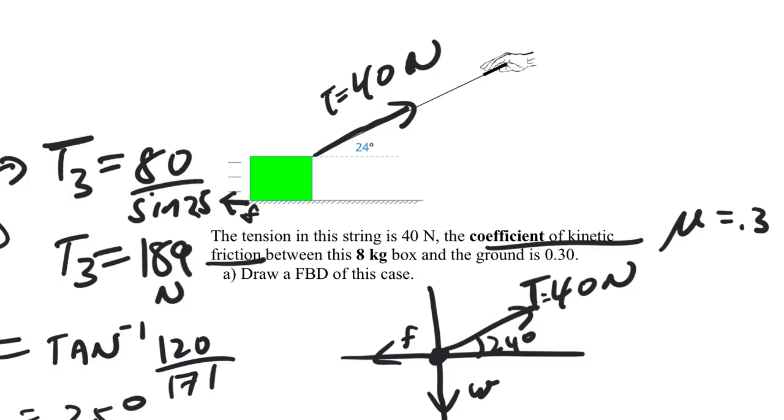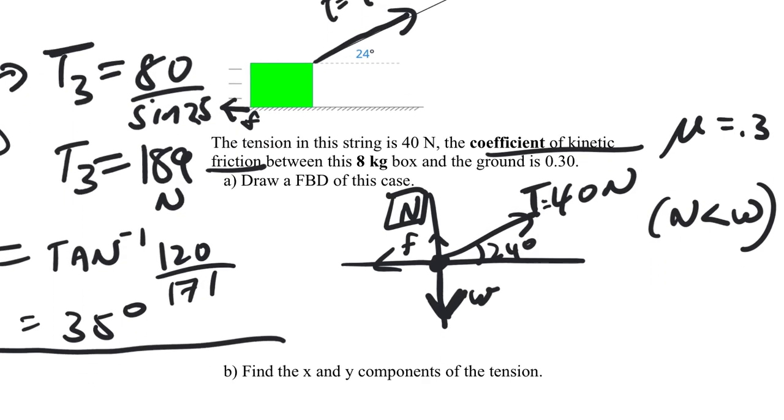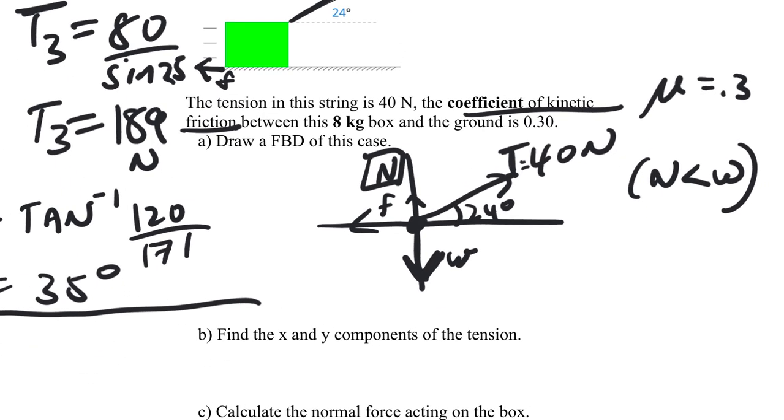Part of that diagonal force is lifting the object slightly. Not off the ground, but off the scale a little bit. So, remember, normal force is scale reading. And so the scale's going to read less than your weight if someone's pulling up on you. So I'm going to draw the normal force as a smaller arrow than the weight. So let me just remind you, N is less than the weight. Okay, so there's my free body diagram.